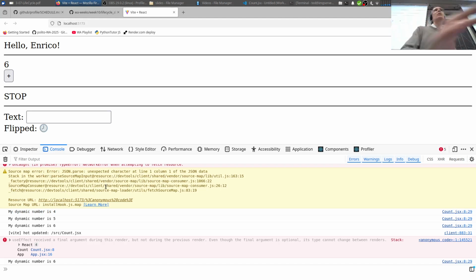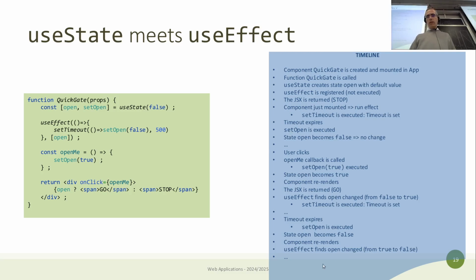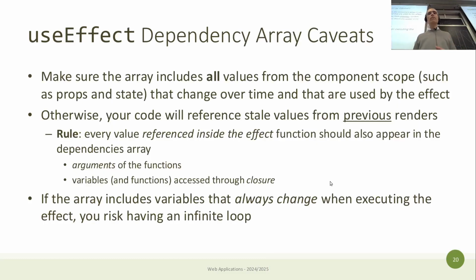You just define a useEffect. At mount time, set interval or set timeout. But with the set timeout, you need a state, or with the set interval, it's fine. Okay. So just try to, later on, go through this timeline and make sure you understand every step.